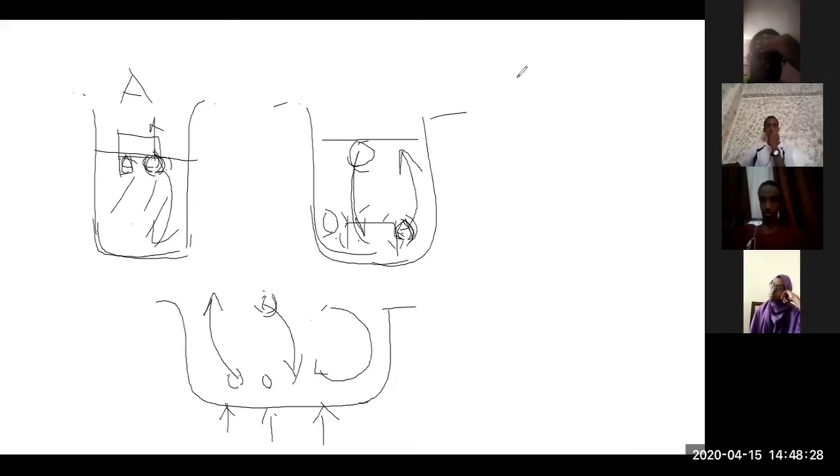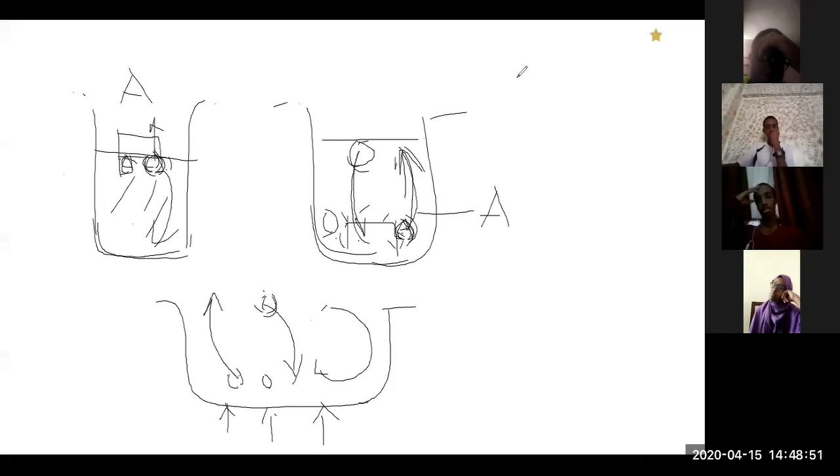The question is asking, state with the reason which water cools faster, assuming the gauze absorbs negligible heat. This one is going to have a convection current.